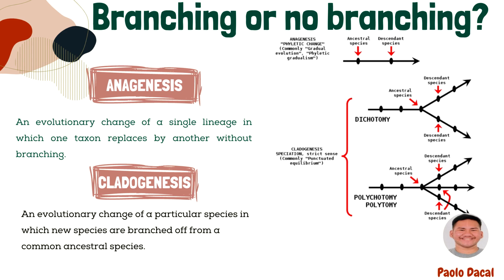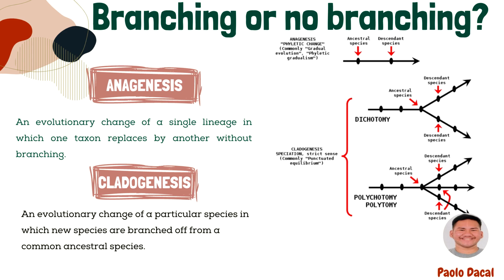The main difference is that anagenesis is a type of phyletic evolution, which occurs only within a single species, whereas cladogenesis is a type of branching evolution. In other words, in anagenesis, one gene pool is converted into another gene pool. In contrast, in cladogenesis, a single gene pool is split into several gene pools.